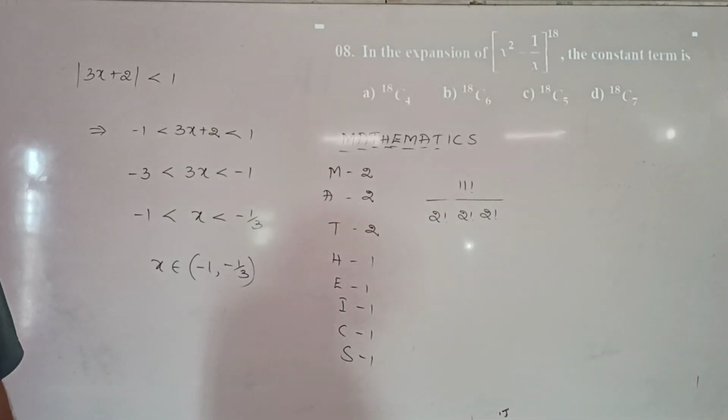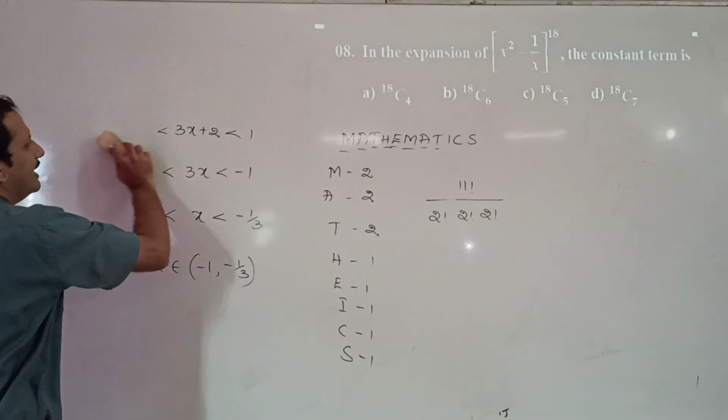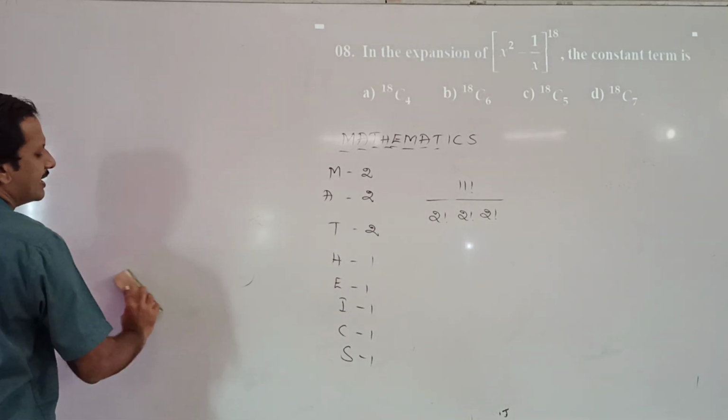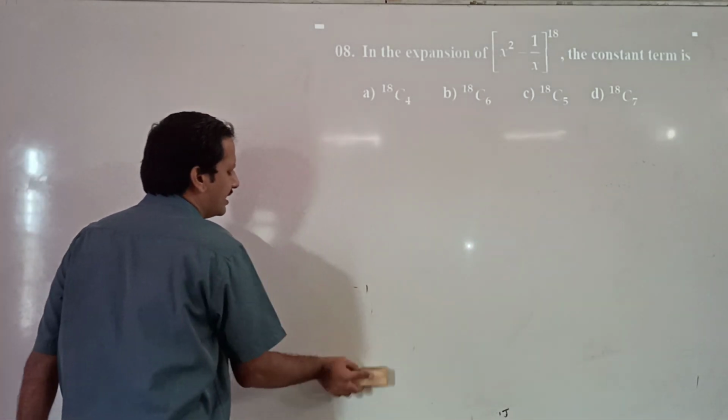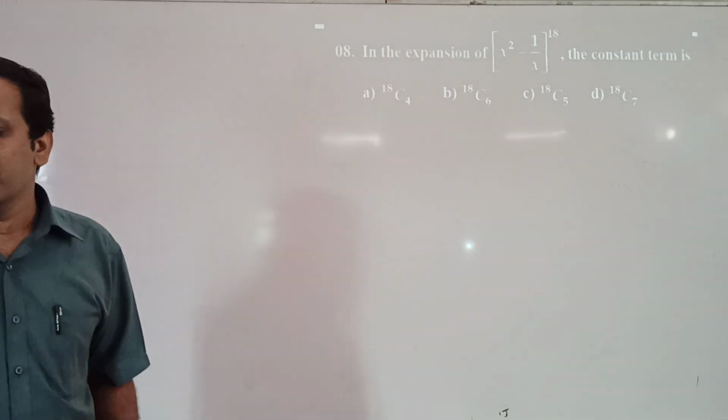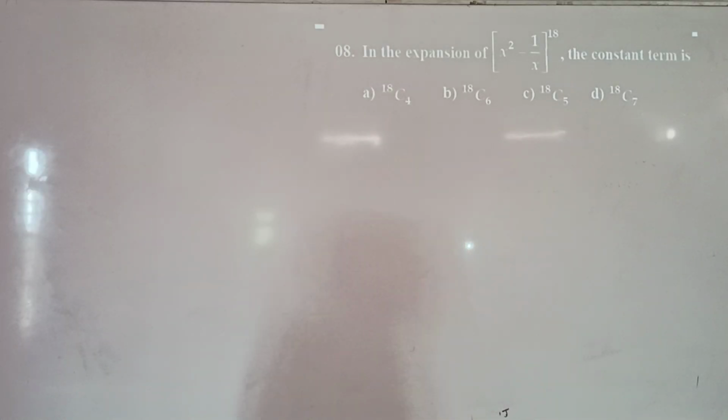Question number 8. In the expansion of (x square minus 1 by x) whole power 18, the constant term is. Constant term means the term independent of x.